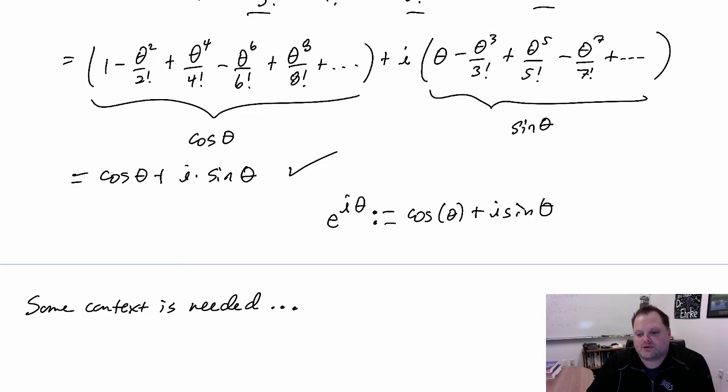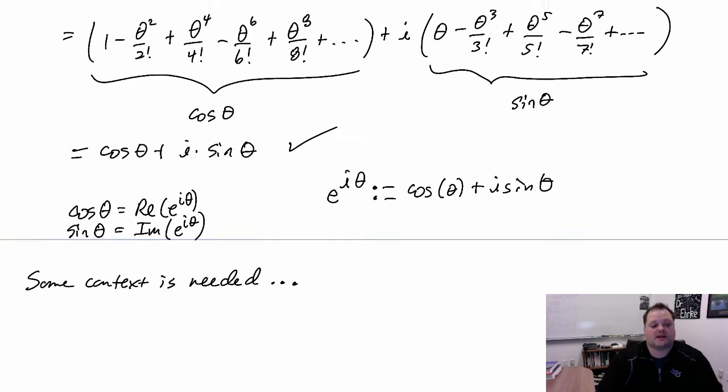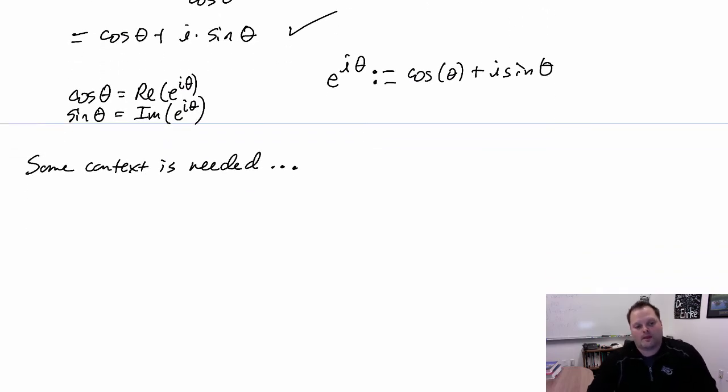In other words, cosine and sine are really just complex exponentials. Cosine is the real part of the complex exponential, and sine is the imaginary part. That's how I want you to think about cosine and sine from now on.